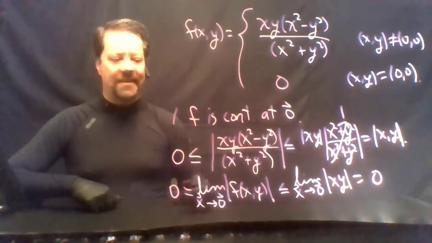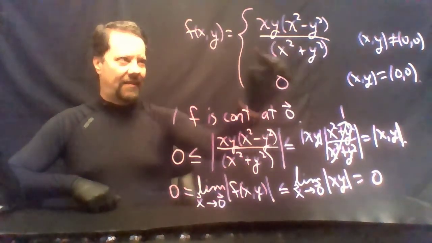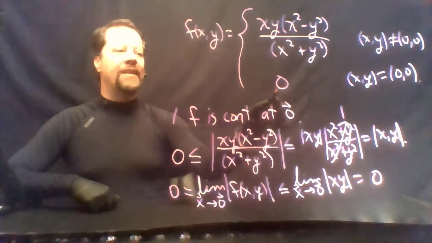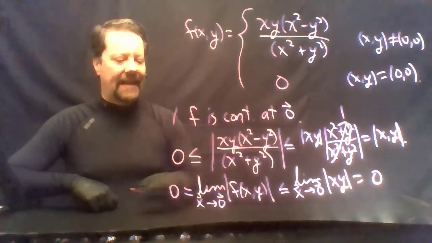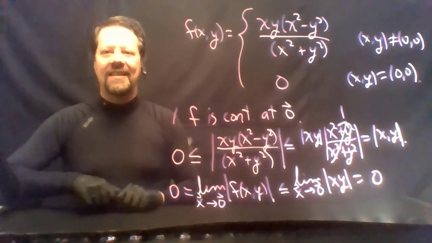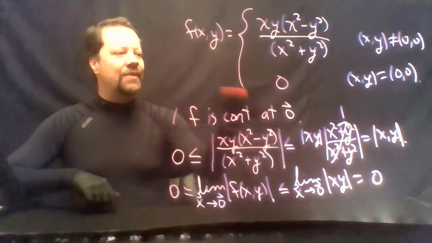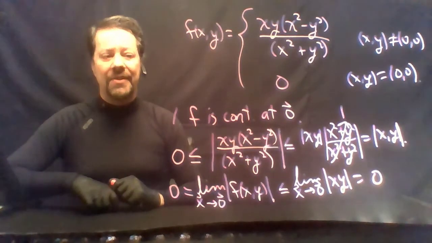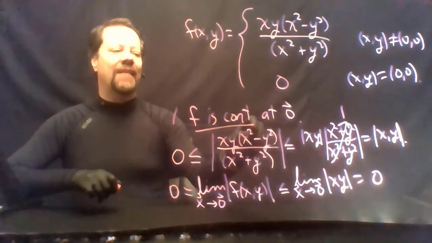So by the squeeze theorem, the limit of the function off of the origin will be the same as the function value at the origin. Since the limit value equals the function value, we deduce that f is continuous at the origin.